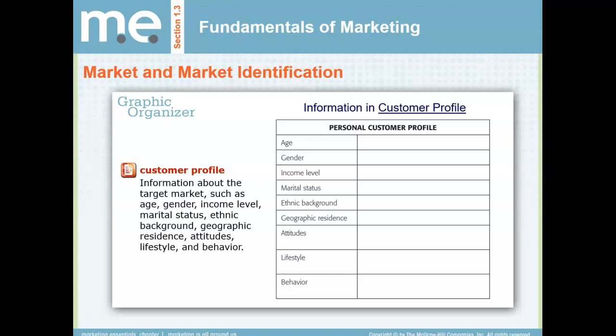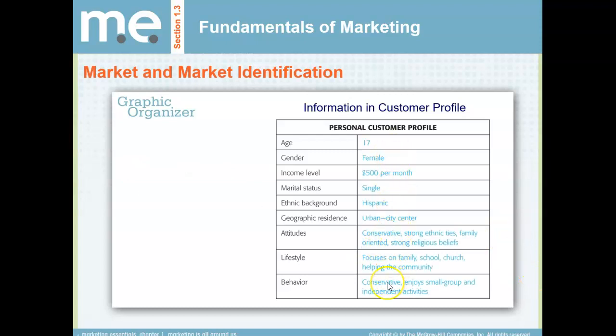It allows you to make decisions and create efficiencies and profit. So a company will try and gather information, and it may look as simple as this. What is their gender, income level, all of these things? What are their attitudes, their lifestyles? How is their behavior? What is their political affiliation? And that is a customer profile.